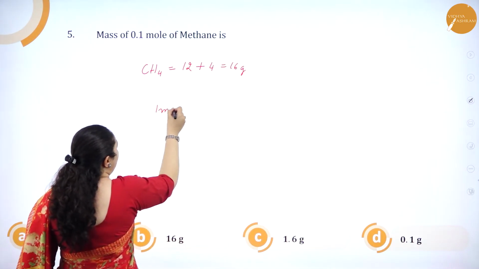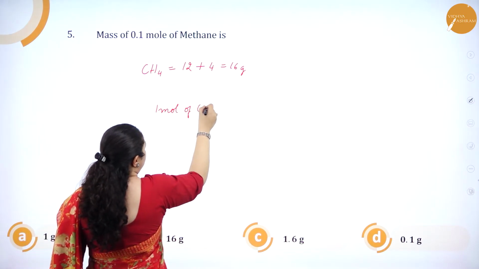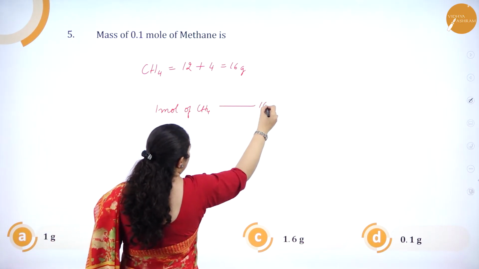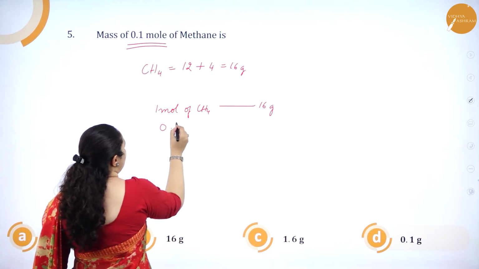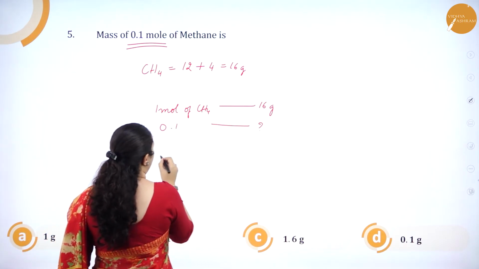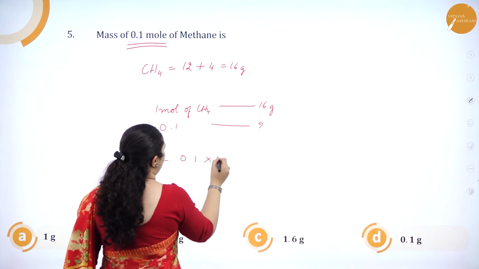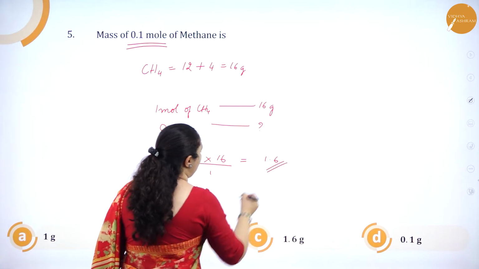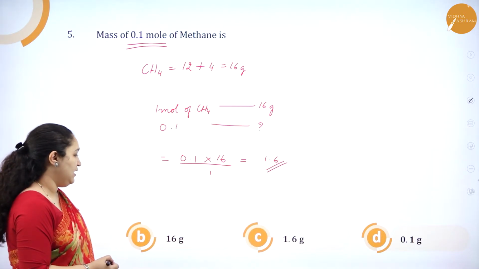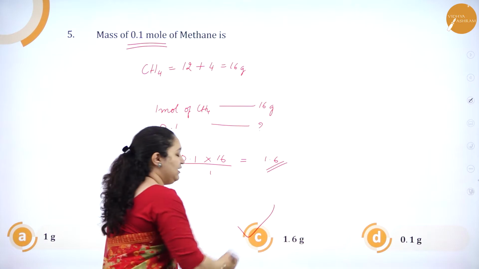We know that 1 mole of methane weighs 16 grams. So, I have to find the mass of 0.1 mole. So, 0.1 mole, how many grams? It is 0.1 into 16 divided by 1, which is nothing but 1.6 grams.